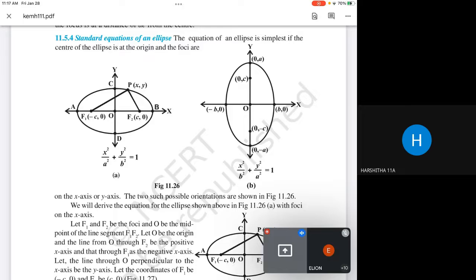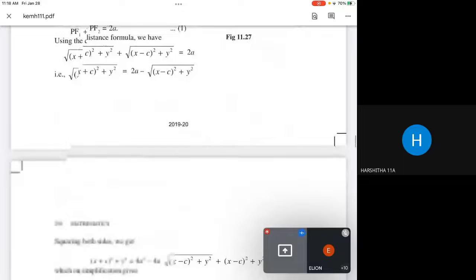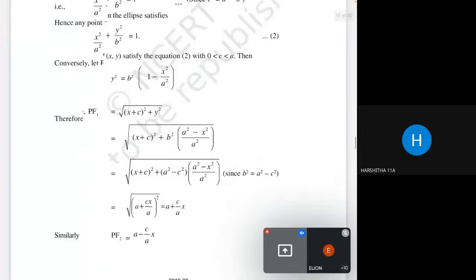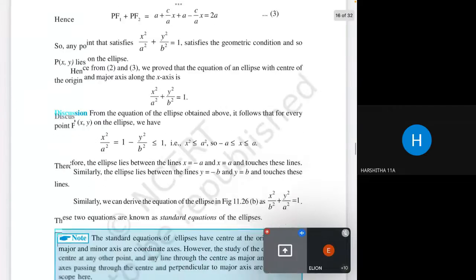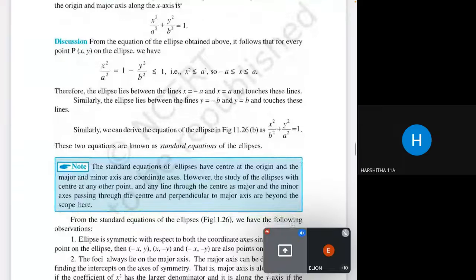Here a value is greater. In case the major axis is the y axis and the minor axis is the x axis, then x square by b square plus y square by a square equal to 1, we are going to get. So these are the standard equations of the ellipse.